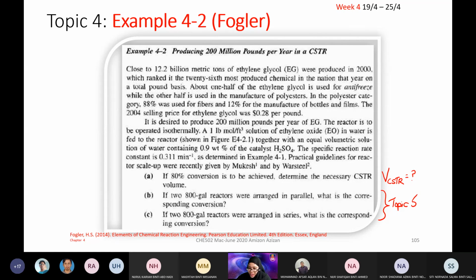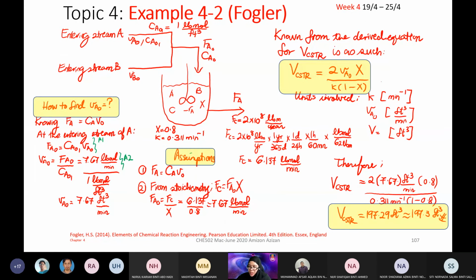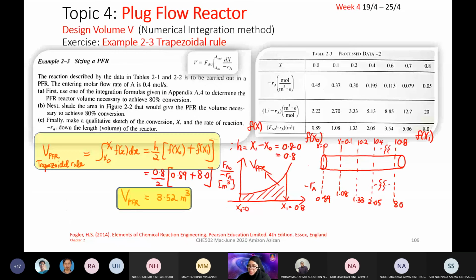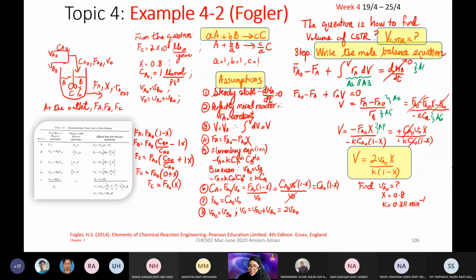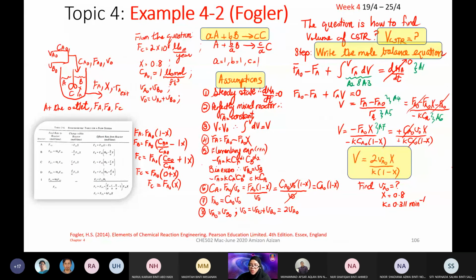Yes, done in parallel. The comparison between the volume of the CSTR and also the volume of the PFR. Yes, this is the one. But anyway, this example 4.2, I remember I have this.